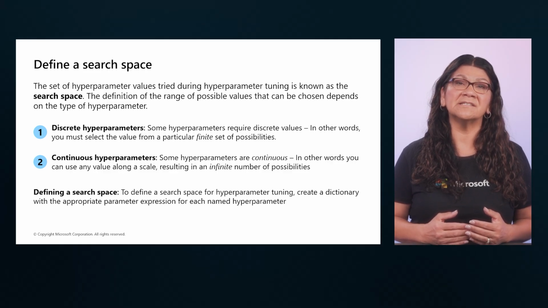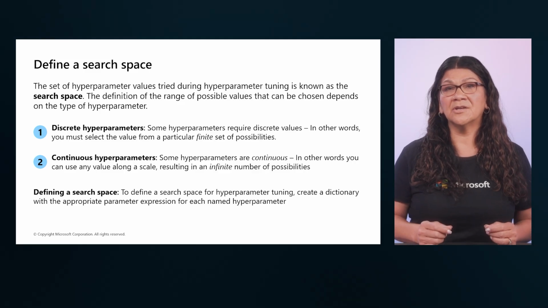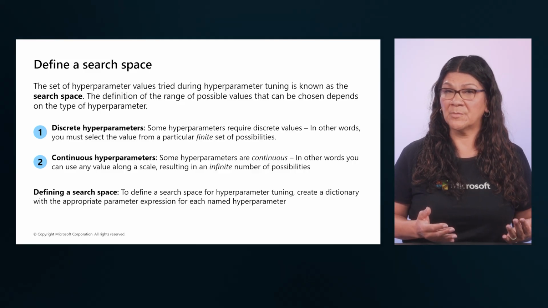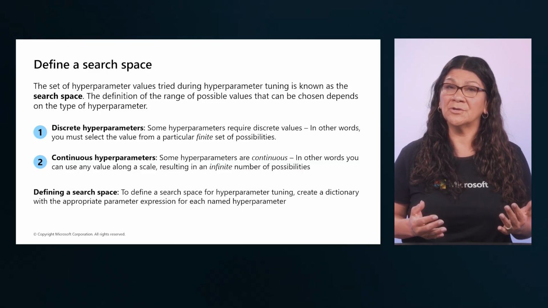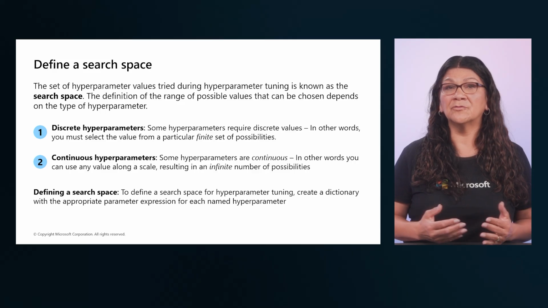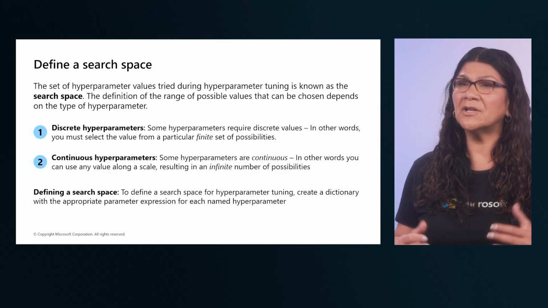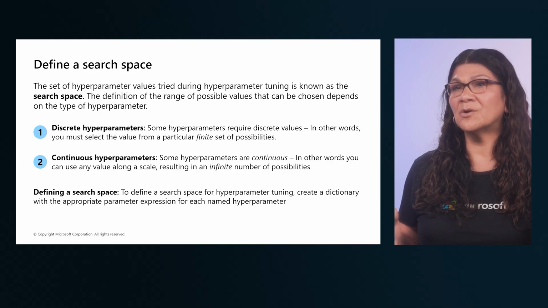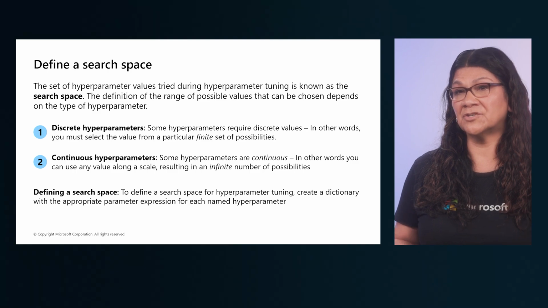Best practice here is to keep the search space tight and realistic. Use choice for parameters with known safe values. Use log uniform and log normal for scale-sensitive parameters like learning rate, and avoid overly wide ranges that waste trials on obviously bad configurations.